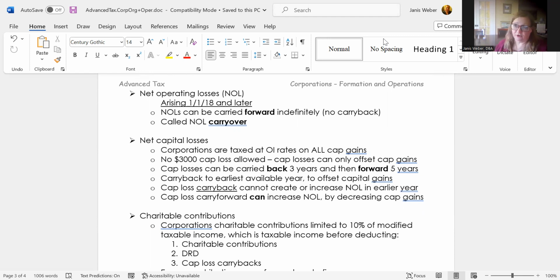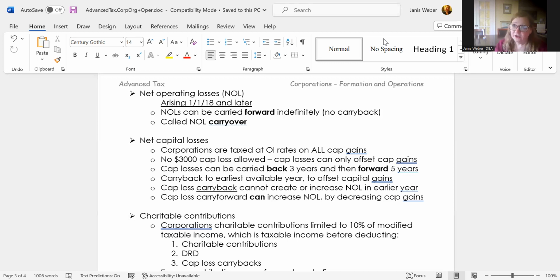So you go back to the third year behind you first. If this was a 2022 capital loss, then you could go back to 2019 and try to offset capital gains in that year. If you didn't have any capital gains, then you'd go to 2020 and see if there are any capital gains there. You could use your loss to offset them if there are.